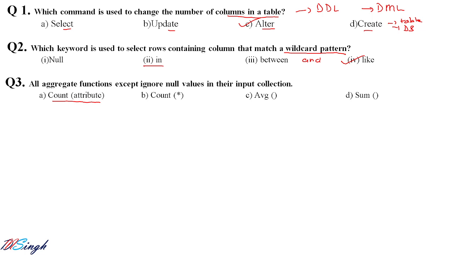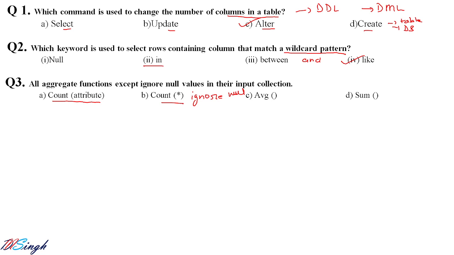So if it is applied on a column, it ignores the null values. But count star is applied on all the columns. Star means what? All the columns. It is not going to ignore the null values. Average, sum, min, max, all are going to ignore the null values.